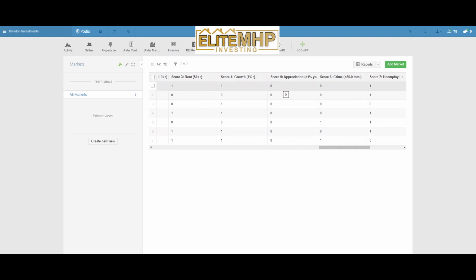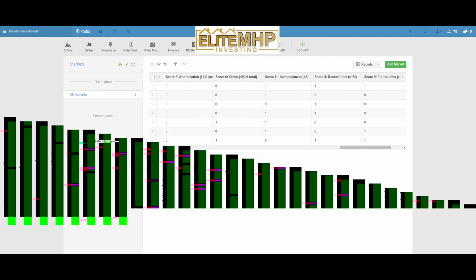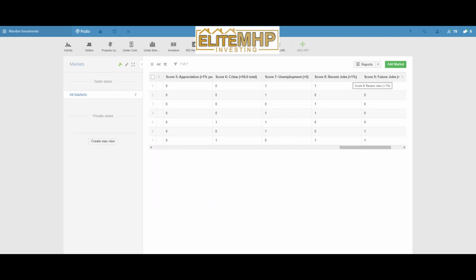I look for appreciation, right? I want more than 1% a year. I look for less than 50 points in crime, right? Unemployment, 5% or less. Recent job growth, 1% or greater. And then future job growth, 30% or greater.